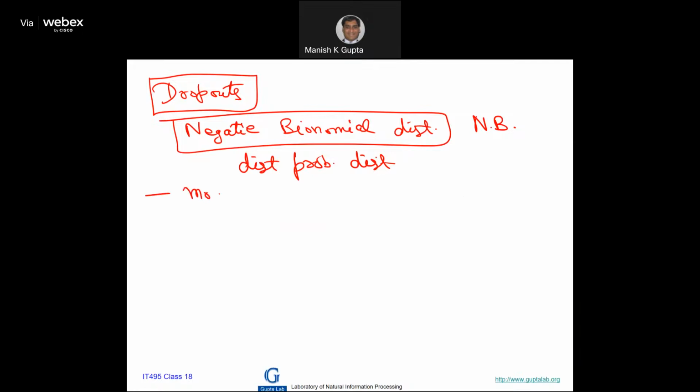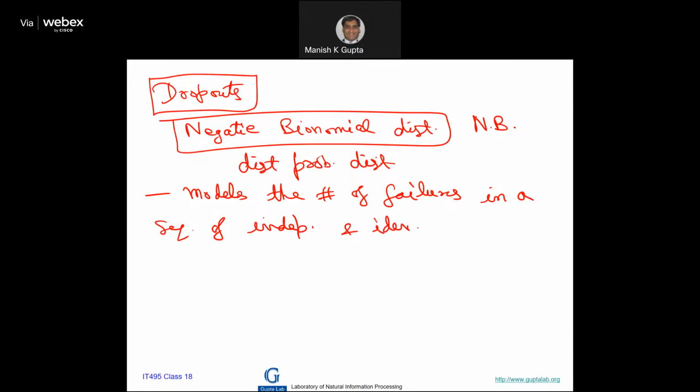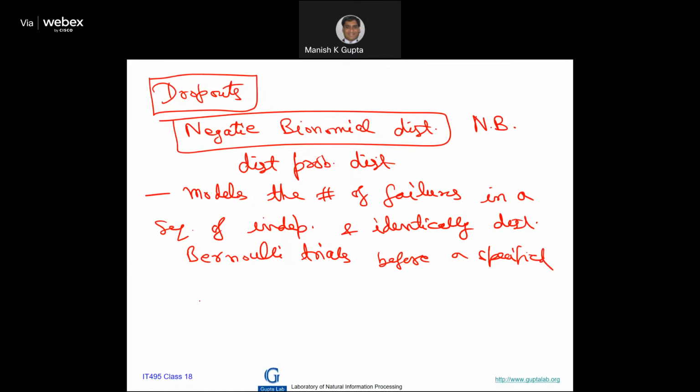There are different ways you can look at it, but this models the number of failures in a sequence of independent and identically distributed Bernoulli trials before a specified non-random number of successes occurs.